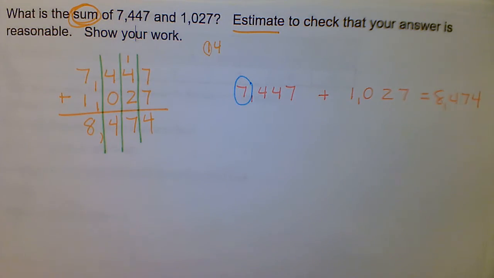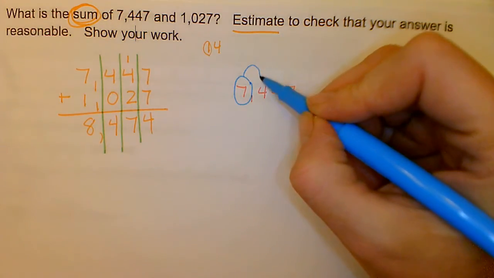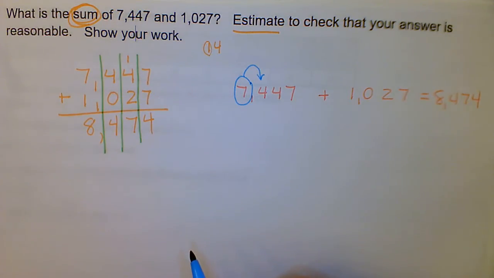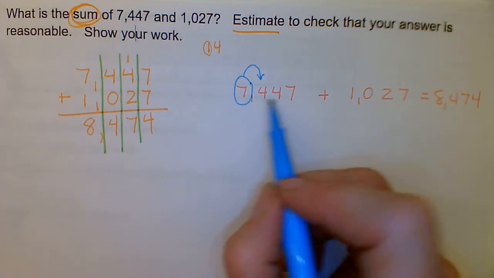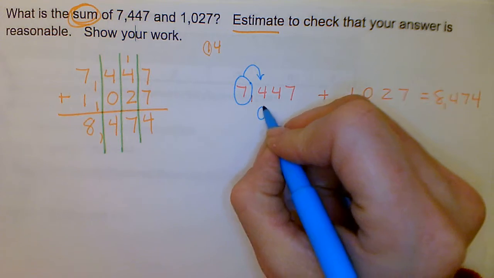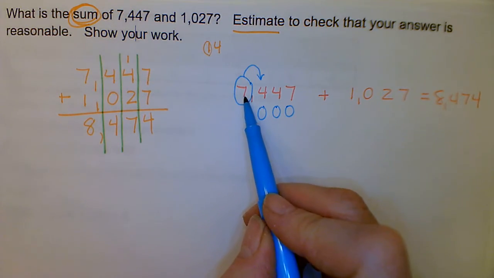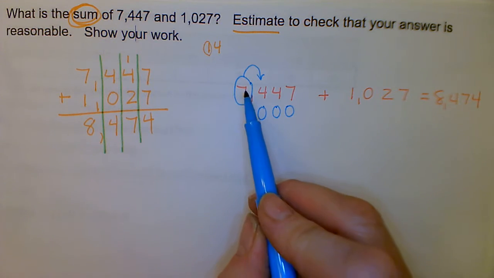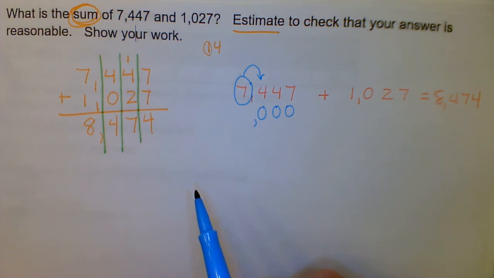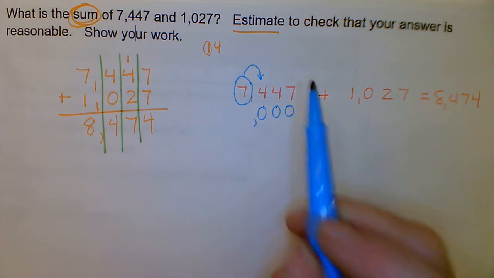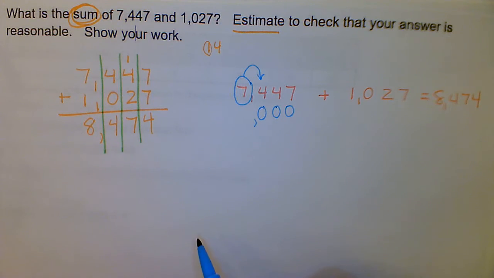So I'm going to circle the number, the place value that I'm rounding to. There's no numbers to the left, so I don't have to worry about that right now, but everything to the right of that circled number is going to become a 0. And then that number does not know what to do. Remember, it needs to go next door to find out what to do. It needs to ask its neighbor, 4 over there. And we have that rule, 4 or less, let it rest. 4 is part of that group.